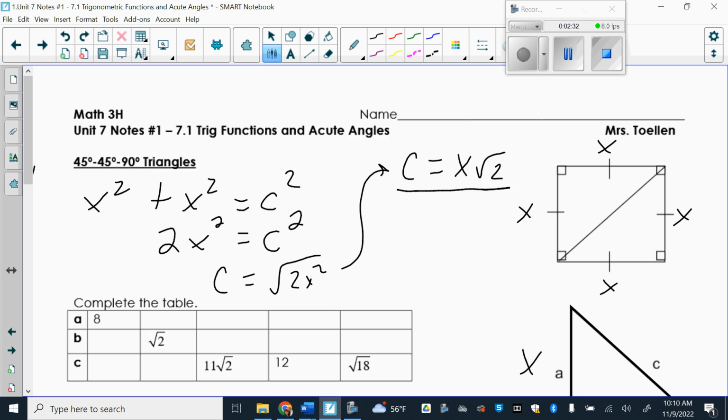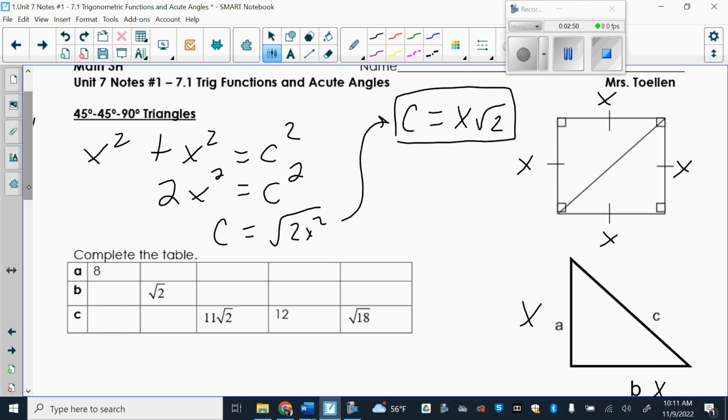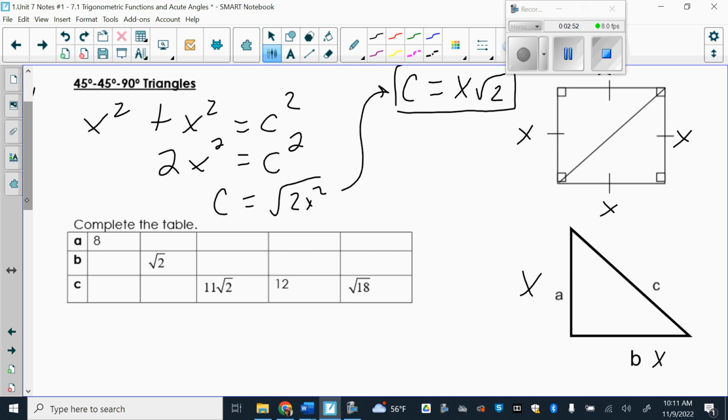I don't need to worry about absolute values or plus or minus because we're talking about the side lengths of a square, so we know they're going to be positive no matter what. So a 45, 45, 90 right triangle has the properties of the two sides being the same and the hypotenuse being whatever that side is times the square root of 2.